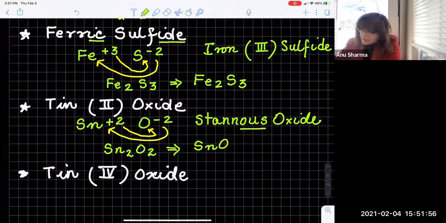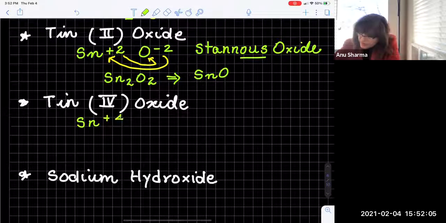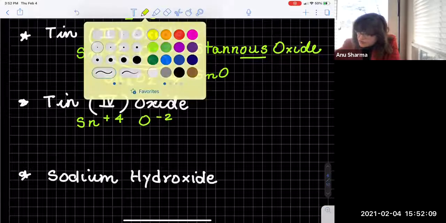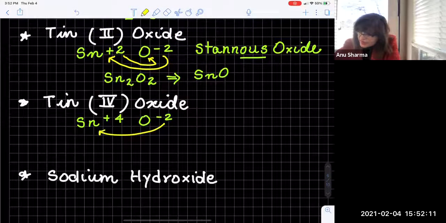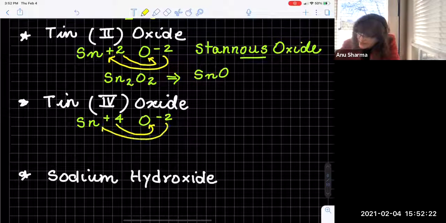We also know that tin exists in a higher oxidation state, which is 4. So in that case, it is Sn +4 and oxygen -2. Same thing, crisscross. So this 4 comes here, and this comes here.